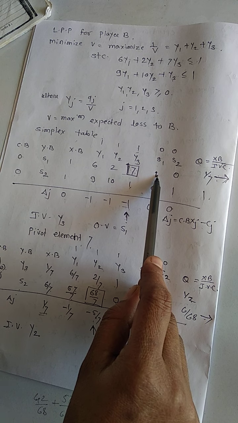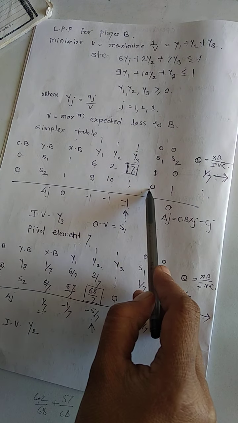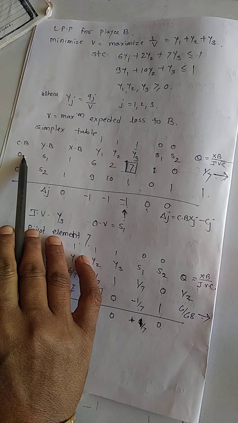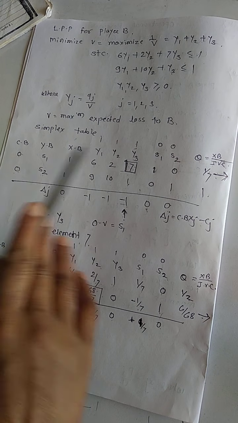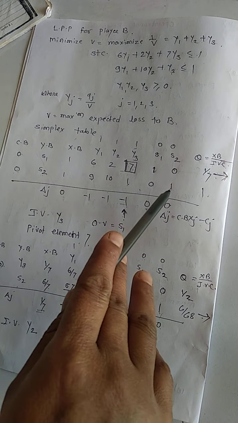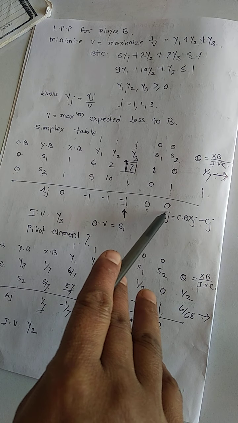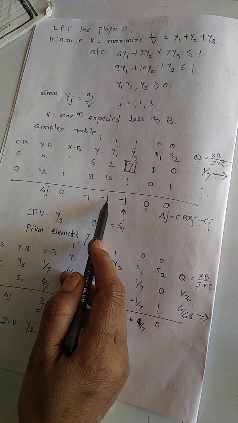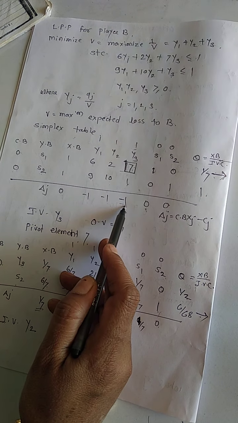And for the next column, 0 multiplied by 1 is 0, 0 multiplied by 0 is 0, therefore 0. And the last column, 0 multiplied by 0, 0 multiplied by 1, and 0 minus 0 is 0. Here the most negative values are 3: minus 1, minus 1 and minus 1.